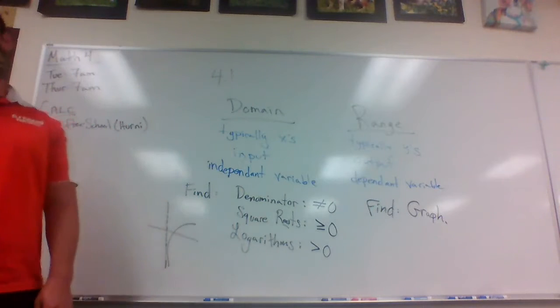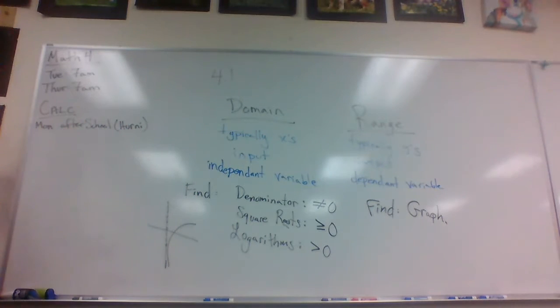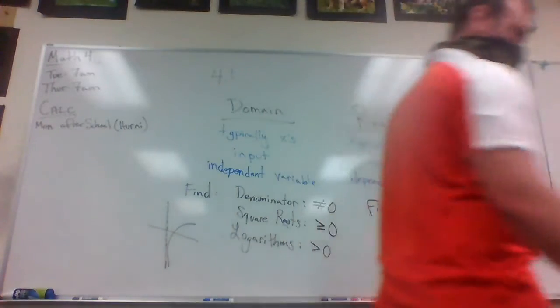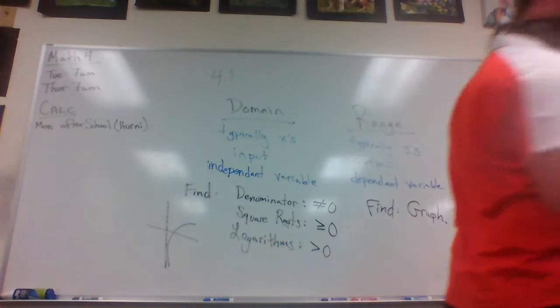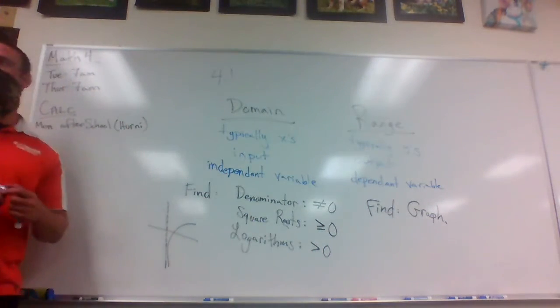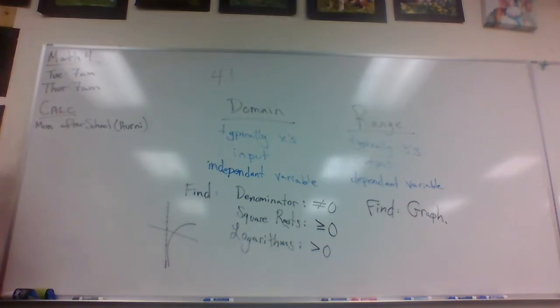Graph it. Range is always a pain in the butt. If you're like, oh, find the domain, that's easy. You just think about all of your 3 things every single time. Asks you to find range, you're like, golly jeepers, I gotta graph this and figure out what y values are good and what y values are bad. Does this make sense?